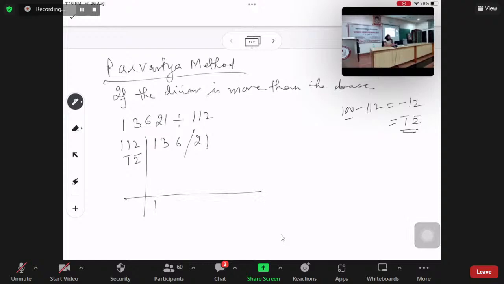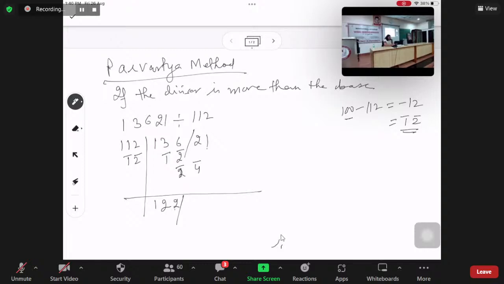First number as it is. Multiply 1 into 1 bar is 1 bar, 1 into 2 is 2 bar. 3 minus 1 bar, 3 minus 1 is 2. Okay, put a slash. 2 into 1 is 2 bar, 2 into 2 is 4 bar. 6 minus 4 is 2.